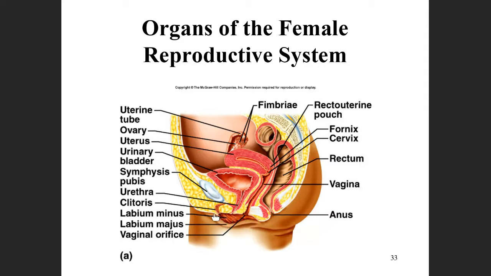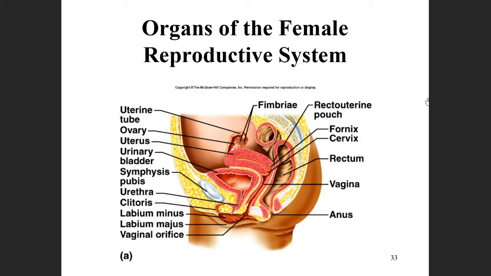The vestibule has the clitoris, which is homologous to the glans of the penis, and the urethral orifice. You see how the female urethra is very short relative to male. Thus, females tend to get urinary tract infections easily, which can lead to pelvic inflammatory disease.